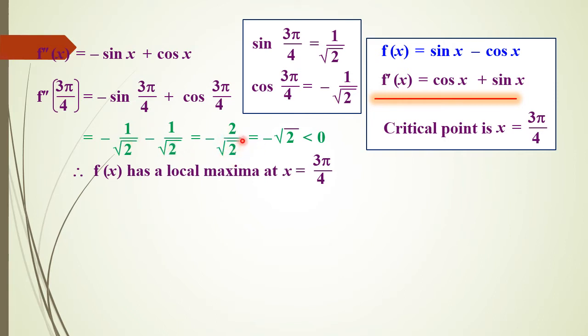So after rationalizing you'll get minus root 2, which is less than 0. Therefore it is a local maximum, and its maximum value you can determine by substituting this value in the given function. So f of x has a local maximum at 3 pi divided by 4. So this is the answer for this question.